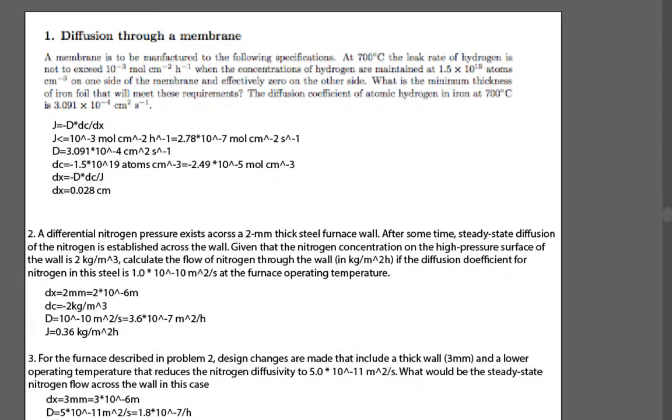And the answer is 0.12. Does this make sense? It should differ by around a factor of 3 because of the changes. So 0.12 kilograms per meter squared hour. And that's J. I solved J. Yes, that's the answer. Good.